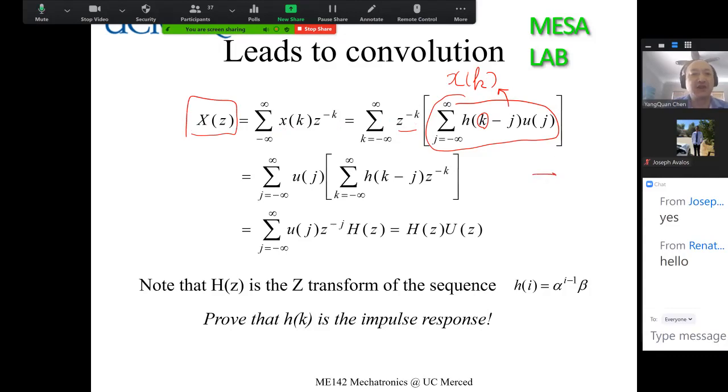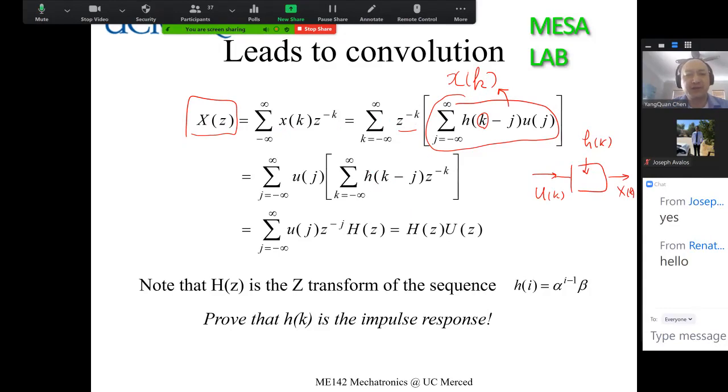If I treat this as my u k going through a system that is x k, inside here is actually h k.